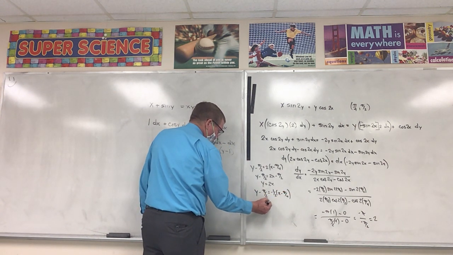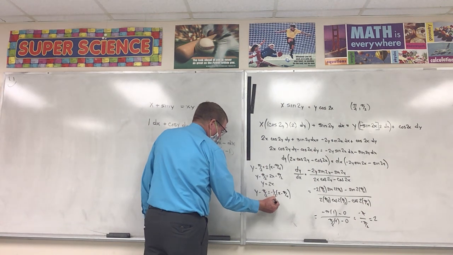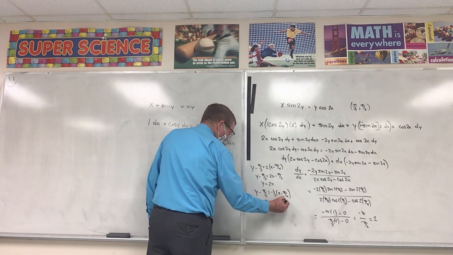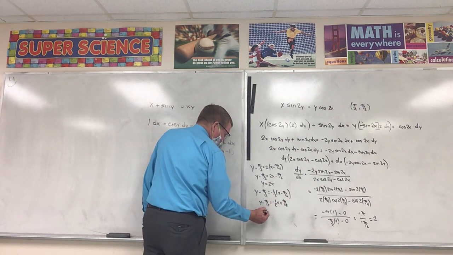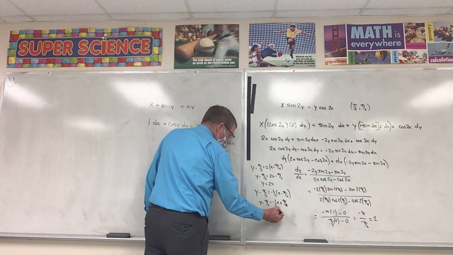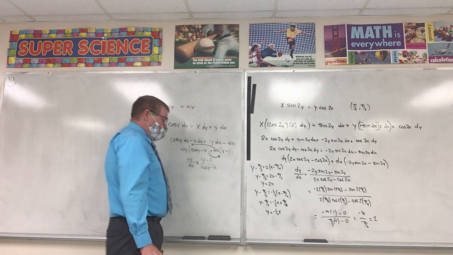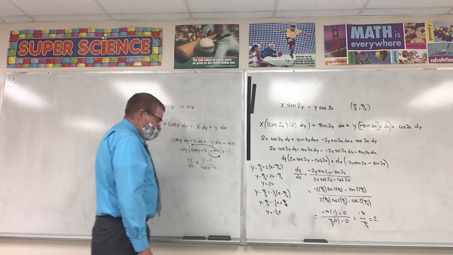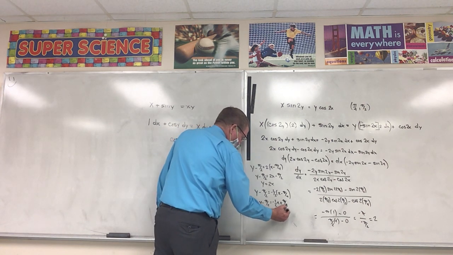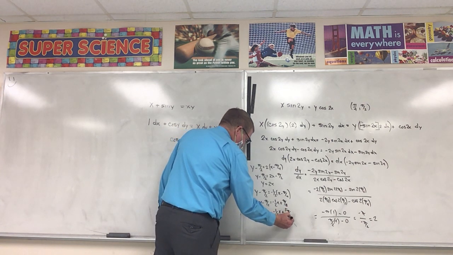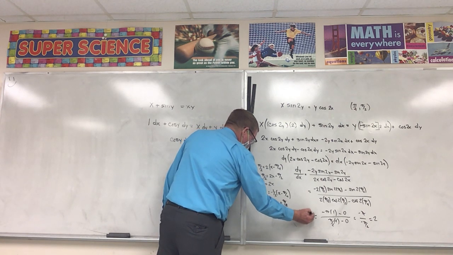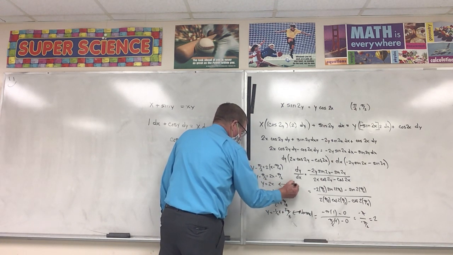Y minus pi over 2 equals negative 1/2 x plus pi over 8. So y equals negative 1/2 x, take pi over 2 over it, take it over as 4 pi over 8, so it'll be 5 pi over 8. So normal and tangent.